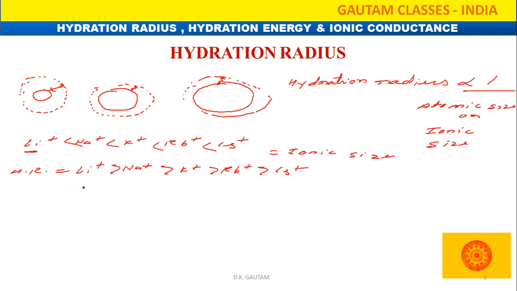That is the hydration radius order. Hope you all got the idea how we write the hydration radius. Actually, hydration radius is not the whole of the atomic radius plus the water; hydration radius is the depth of the water molecules aggregated around the atomic radius.